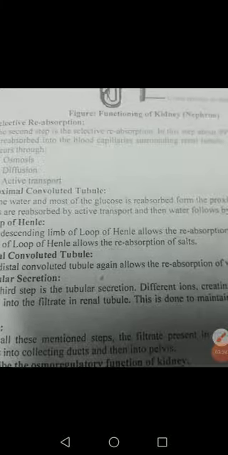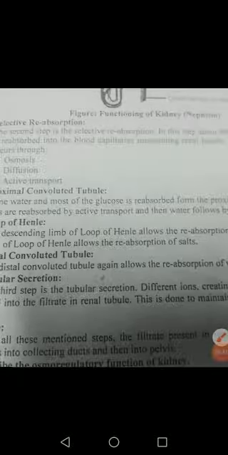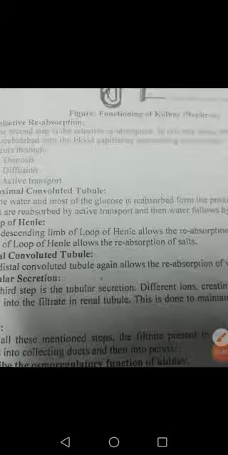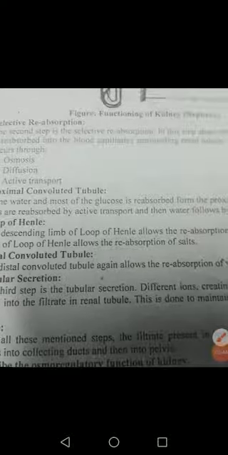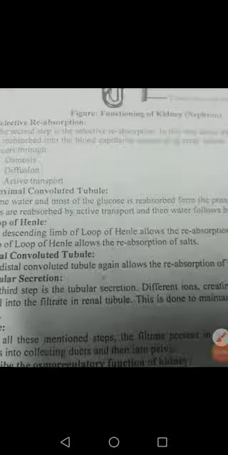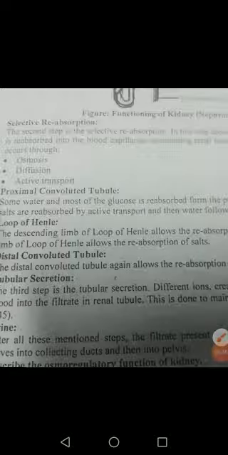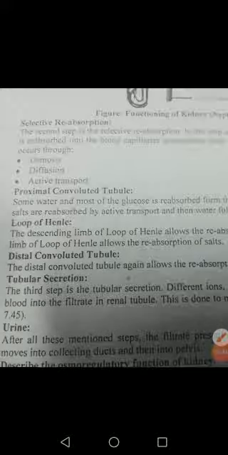So in selective reabsorption, 99% of the glomerular filtrate is reabsorbed into the blood capillaries which surround the renal tubule. This takes place by different processes: osmosis, diffusion, and active transport. In different parts of the nephron, different materials are reabsorbed.